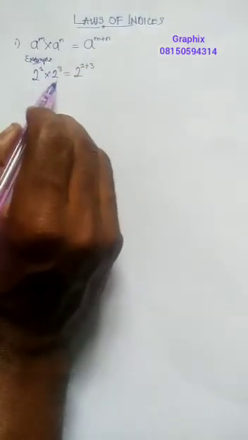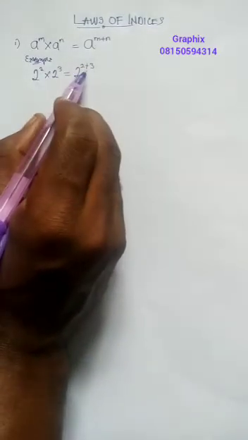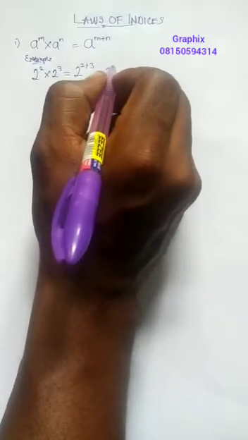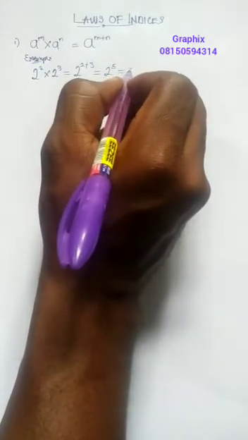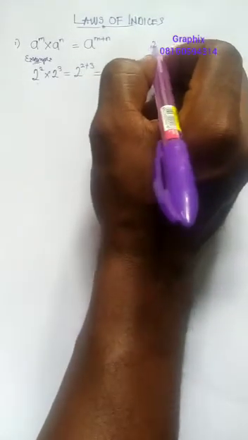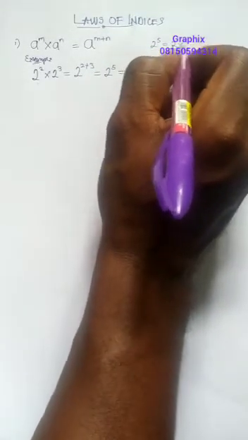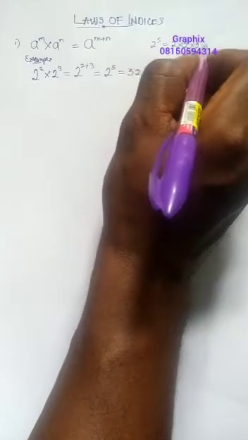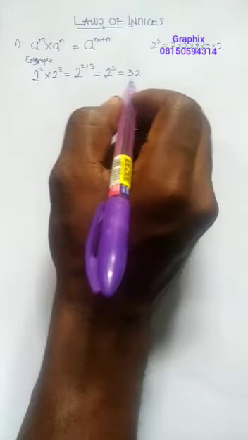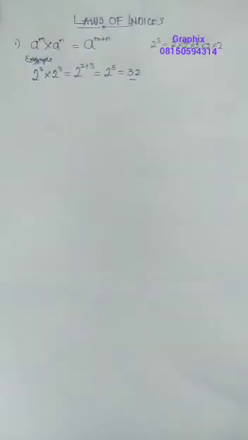Since the bases are equal, we add the powers. So we'll have 2 raised to the power 5, which gives me 32. And we know very well that 2 raised to the power 5 is 2 times 2 times 2 times 2 times 2, and that is 32. That is one of the laws.